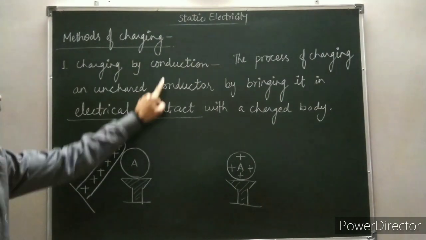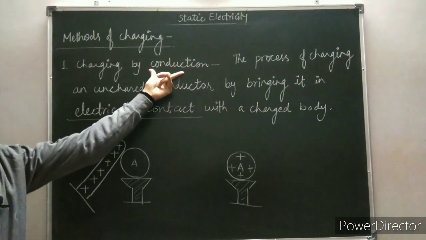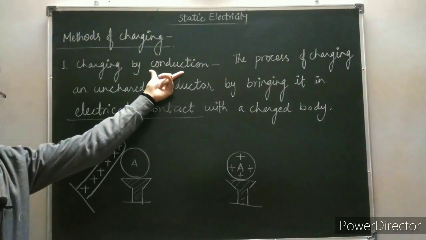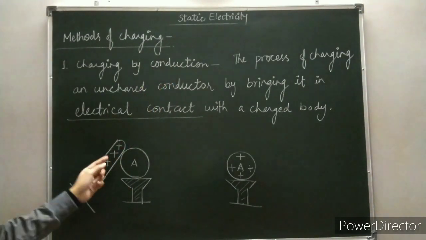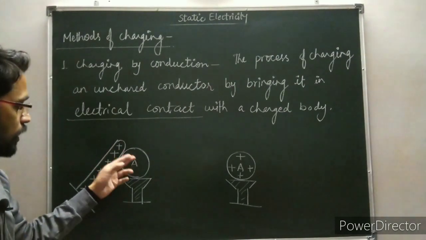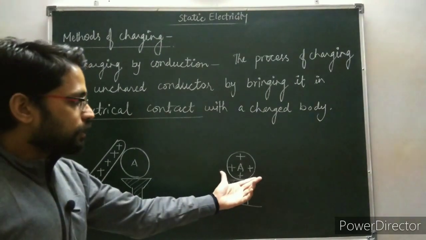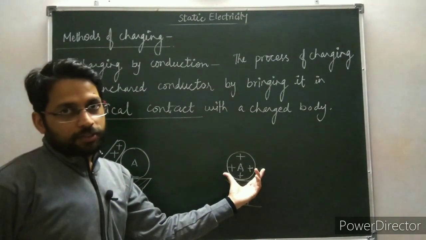Electrical contact is important for the conduction of charge. When two bodies are in electrical contact, the charge transfers from one body to another and the uncharged body gets charged.